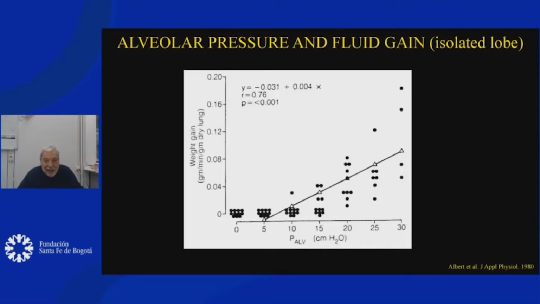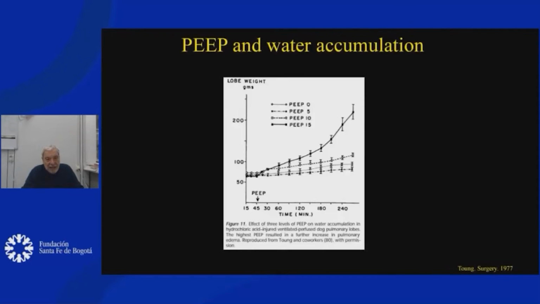And you see that increasing PEEP, we have problems. Now it has been shown also in humans, when we exceed 15 of PEEP. This was the Brazilian study, the ART study. You may have definitely an increase in mortality. This is another example, the time increase in the PEEP 0, 5, 10, 15.